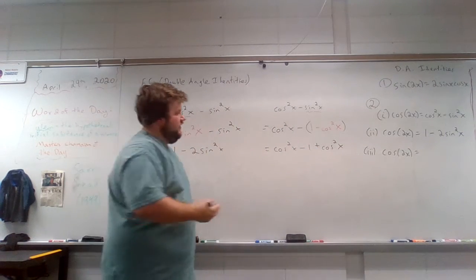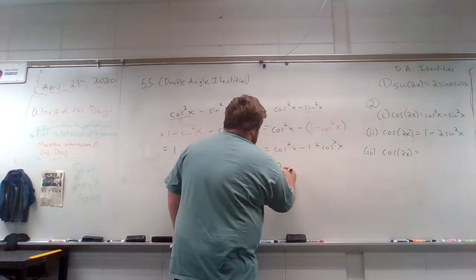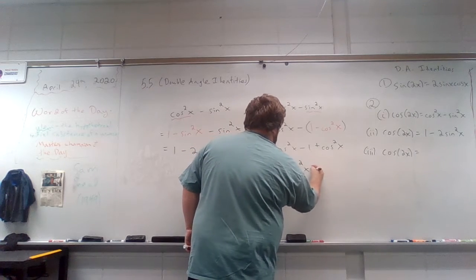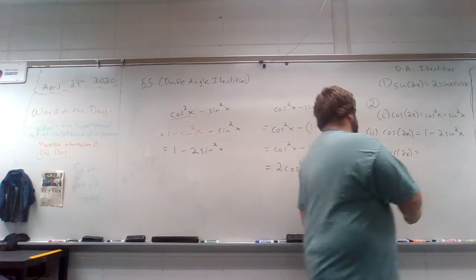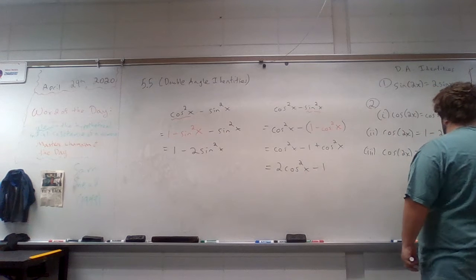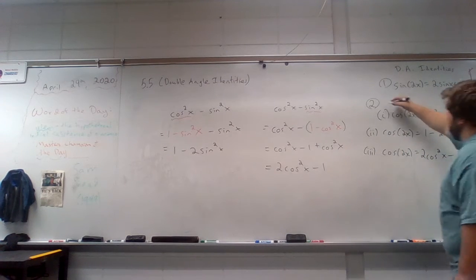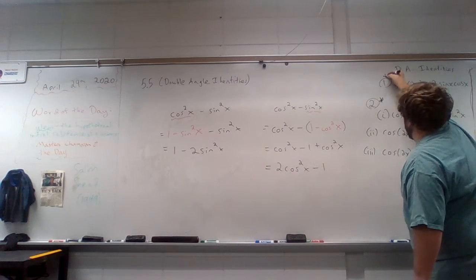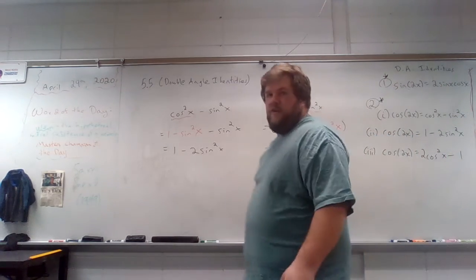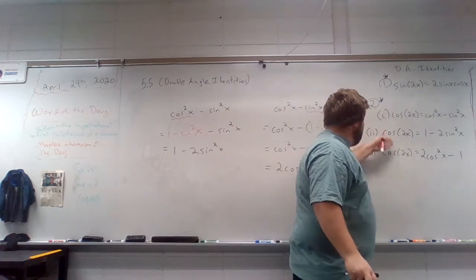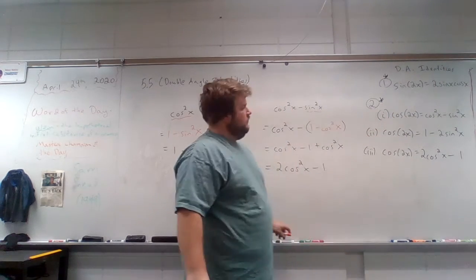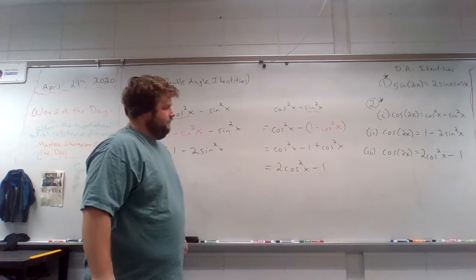And what does that give us? That gives us 2 cosine squared x minus 1. Like I said, if you remember these two, then you have enough, and you can get these two from this one.